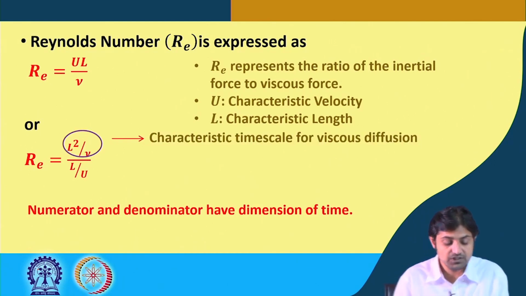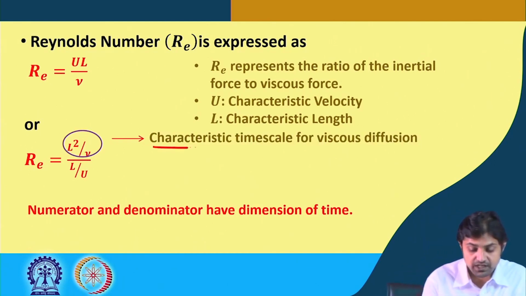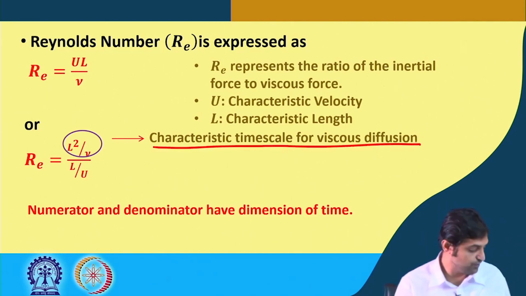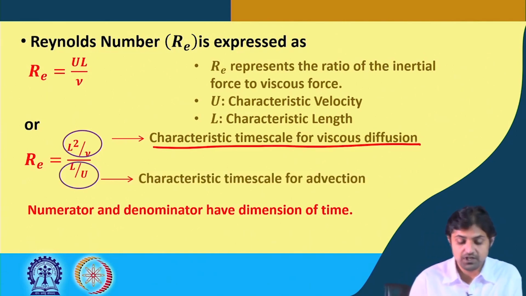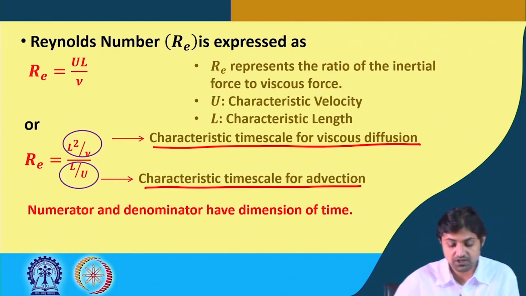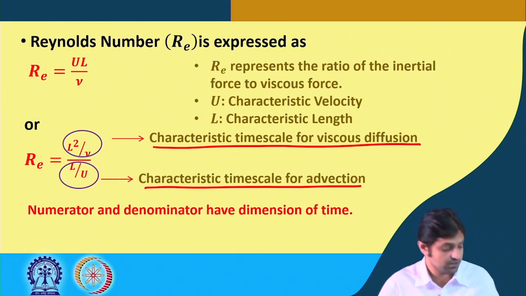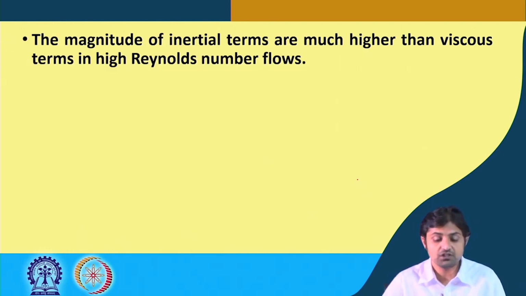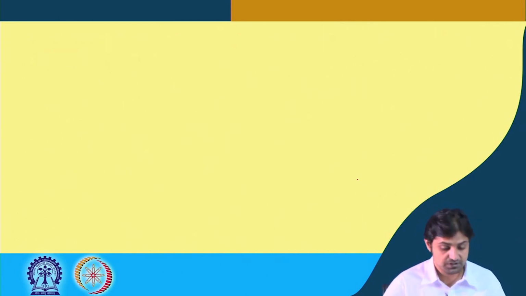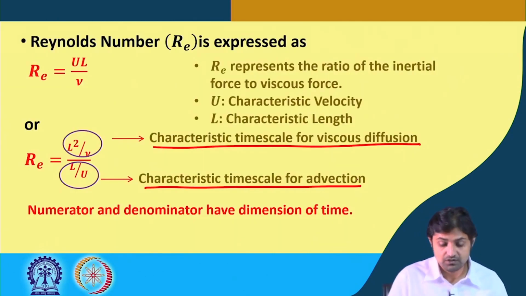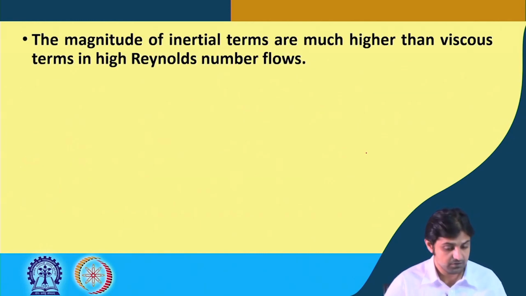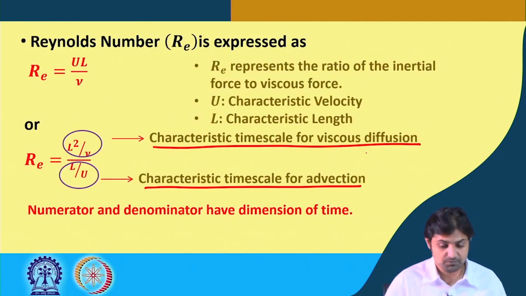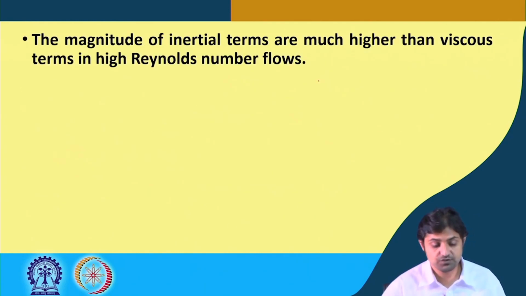So this L square by nu is the characteristic time scale for viscous diffusion, whereas L by U is the characteristic time scale for advection. The magnitude of inertial terms is much higher than viscous terms in high Reynolds number flows. That is true because it is the ratio of the inertial forces to viscous forces.